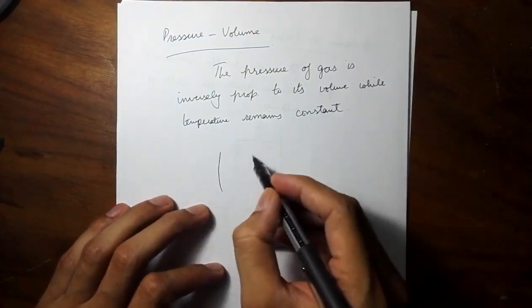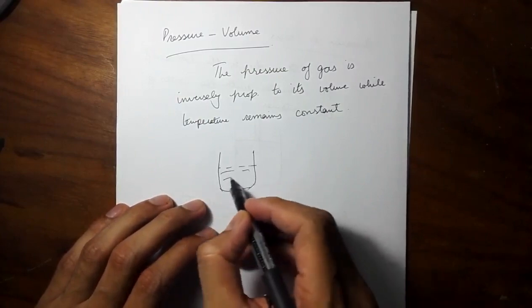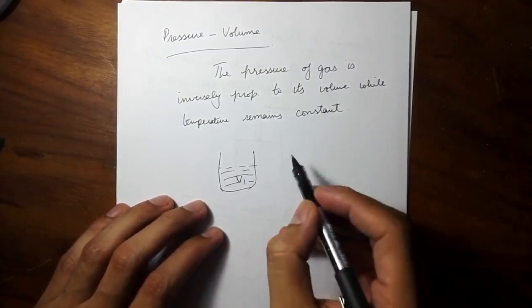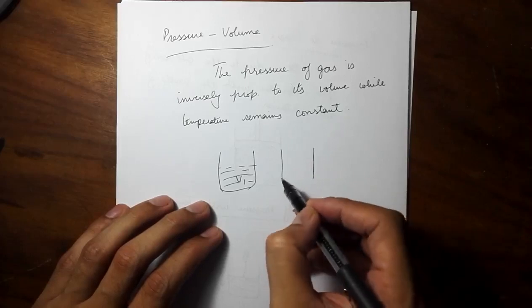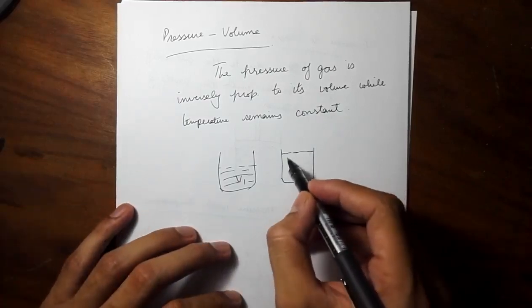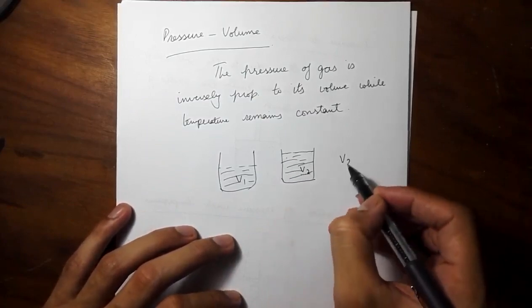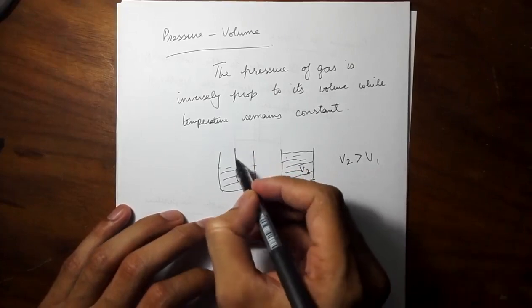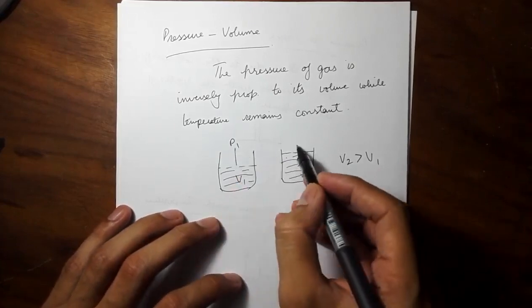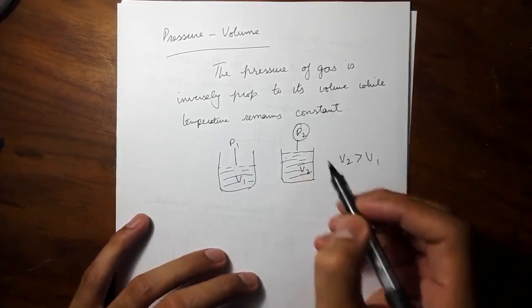Let's suppose there is a container in which there is some gas. It has volume V1. Now temperature is constant. Now if the volume of gas increases to V2, which is greater than V1, then the pressure that was P1 becomes P2, and the pressure will decrease.